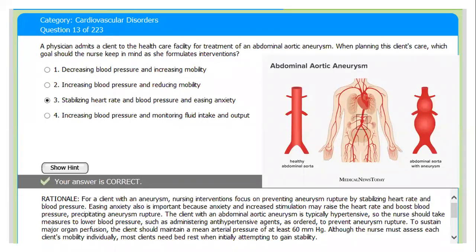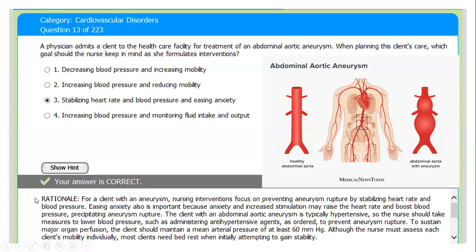So aortic aneurysm is an abnormal bulge in the major blood vessel we call the aorta, which carries blood from the heart to the rest of the body. It can occur anywhere in the aorta, in a tube or round shape. So it is a medical emergency, I say.